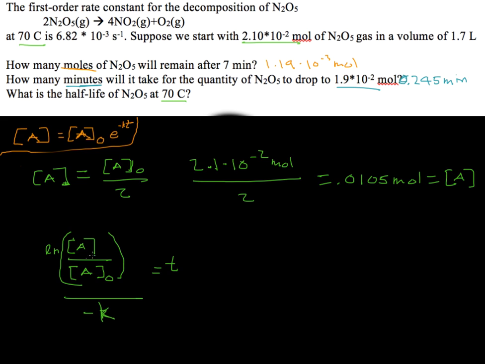So we have A is 0.0105 moles, and we have 2.1 times 10 to the negative 2 moles.